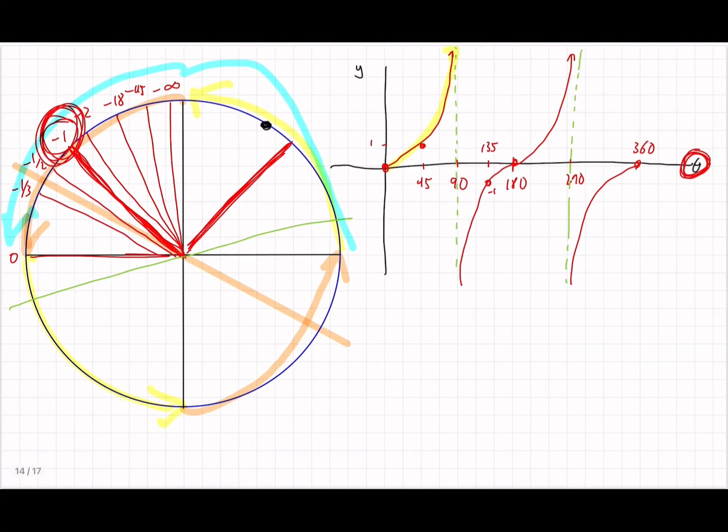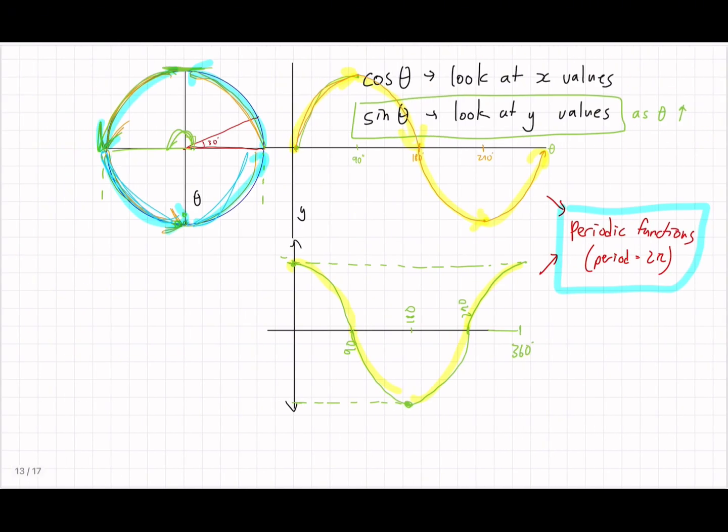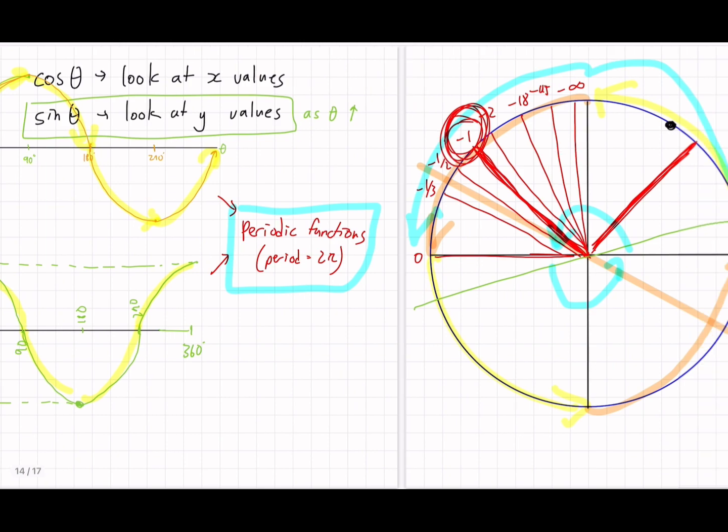But here, we see that 2 parts are the same, and the next 2 parts are the exact same thing, right? So every 180 degrees, these are changing. That means this is the period. That's why the period of tangent is pi. So that's why the tangent value is kind of different from all the other things.